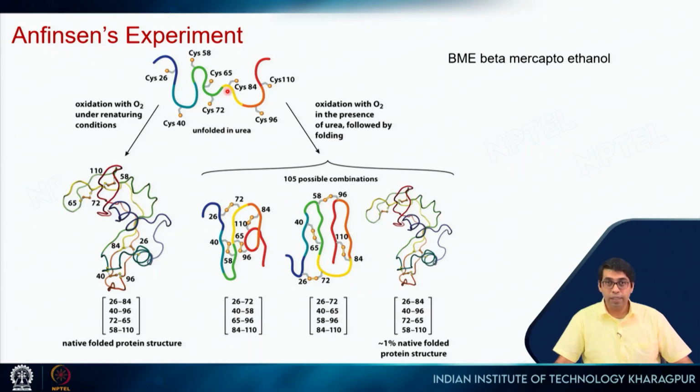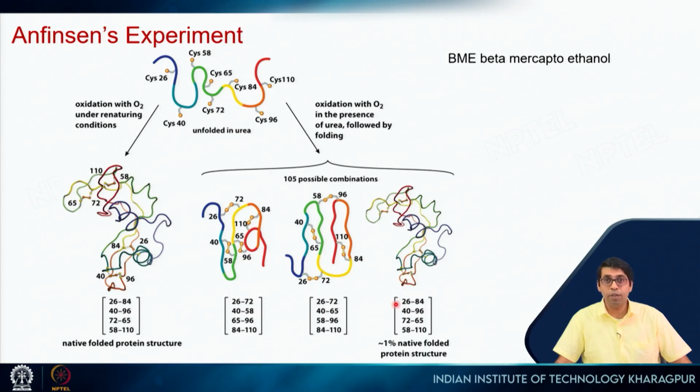And then he divided it into 2 parts. In the first part, he removed urea first and then bubbled oxygen, and then he checked the activity. He found 100% activity. In the second part, he bubbled oxygen first so that all the disulfide bonds are formed, and then he removed urea.